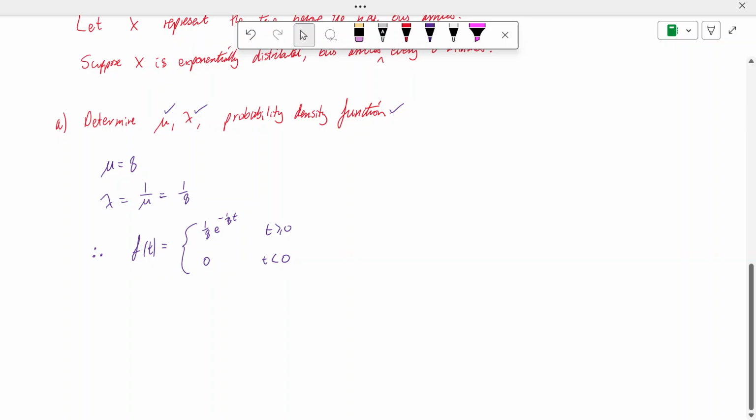Now I can move on to doing something with this function. Question B asks us to determine the probability that the next bus will arrive within 3 minutes.